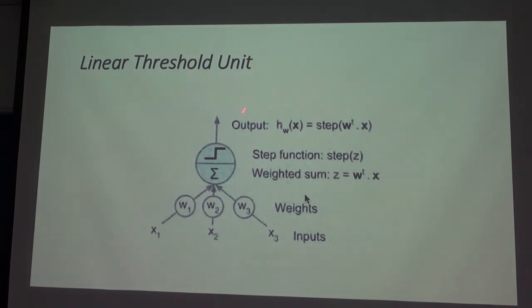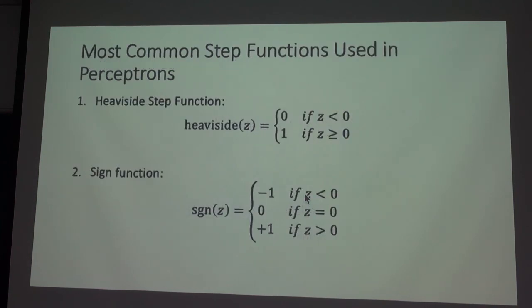We normally denote the LTU like this. We sum up all these inputs, so we put a summation symbol here, and then we put the step function symbol here, and the output will be this one. I think this is very easy to understand. The most common step functions used in the perceptron: the first one is like this.